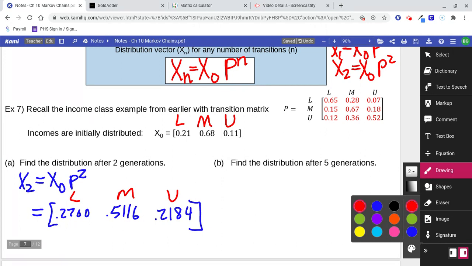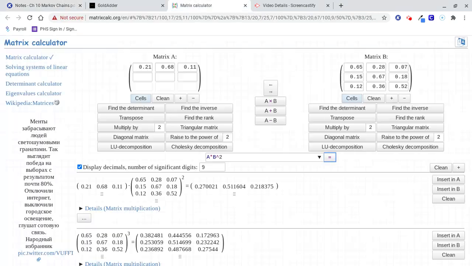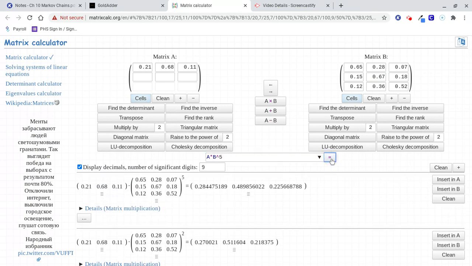Find the distribution after 5 generations. After 5 generations, we're going to go x5 equals x0 p to the 5th. Easy on this calculator because we've already got everything in there. You've got A times B to the 5th power now. Notice I had bumped it up to 9 sig figs, so I got a lot of decimal places here.